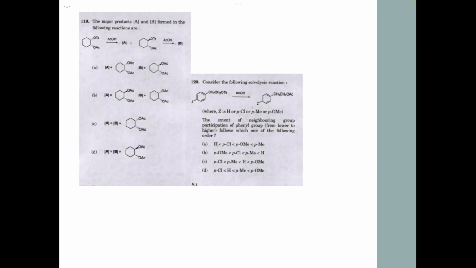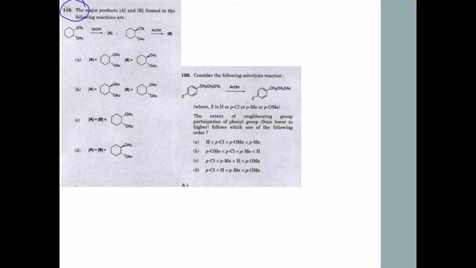So neighboring group participation is favored when we have the electron donating group in the molecule, as we just discussed in question number 119. So they have given methoxy, which is electron donating group.